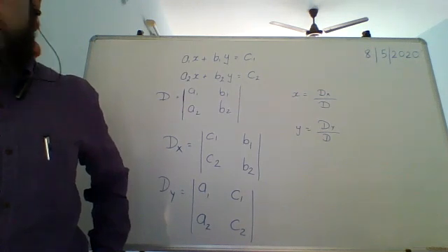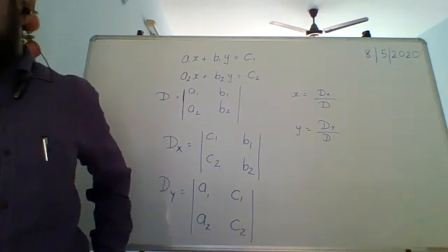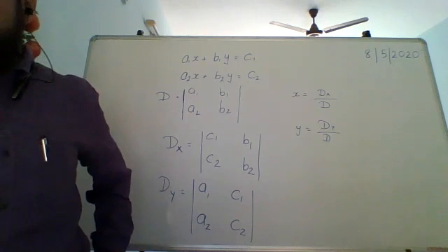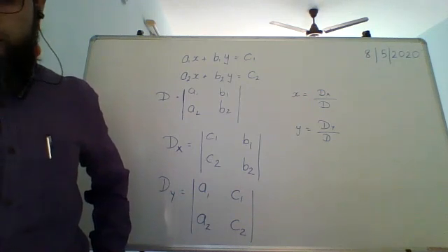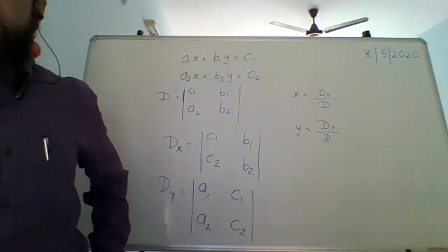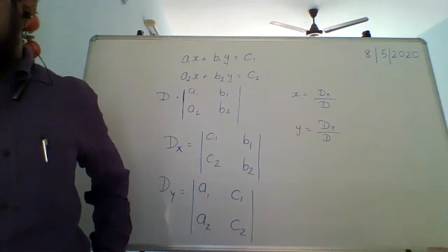Gabriel Cramer, who was a Swiss mathematician, gave this method. He was also like you all, but the only difference was that at age 18, that is another 3-4 years from now, he got his doctorate in mathematics.